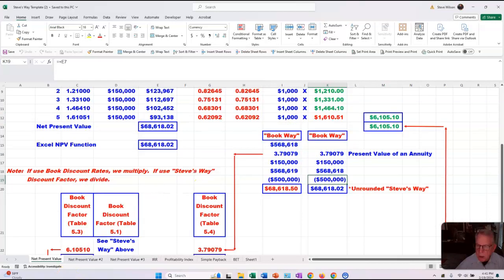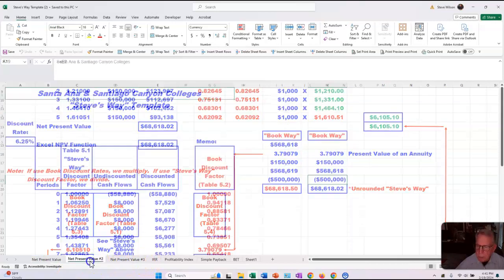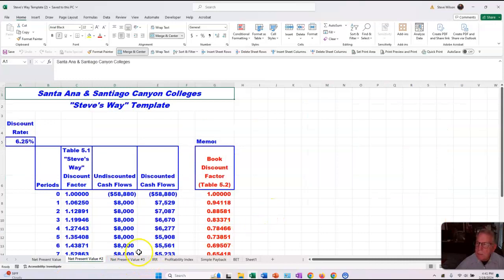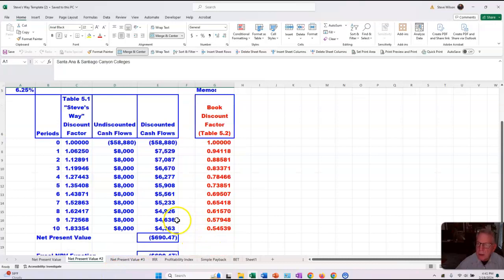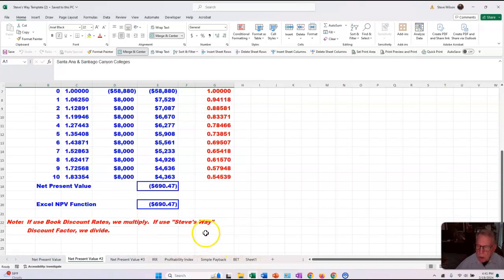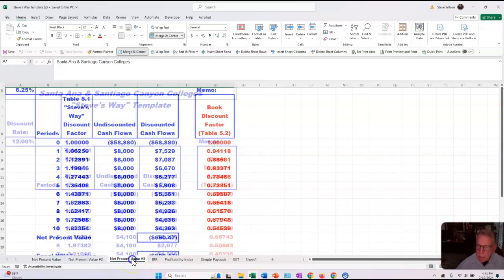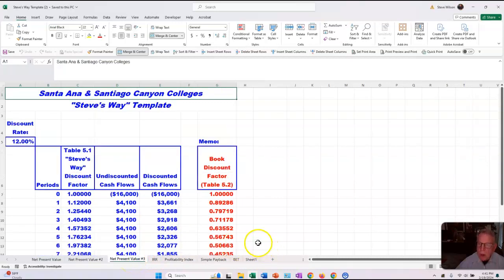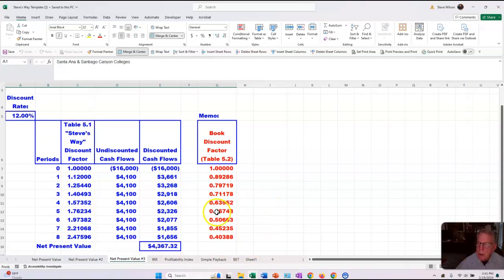So let's look at another one. Here, we have undiscounted cash flows again, and the book values. We multiply them through. We can get a negative net present value. That's not a good project, so we're not going to do that one. Net present value 3, we're going to have the same kind of thing we did before.